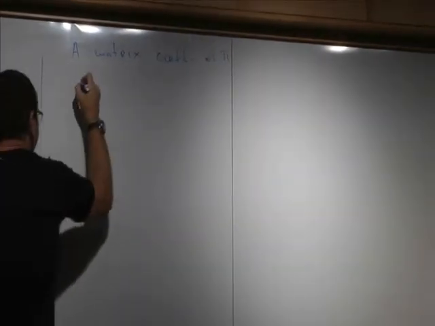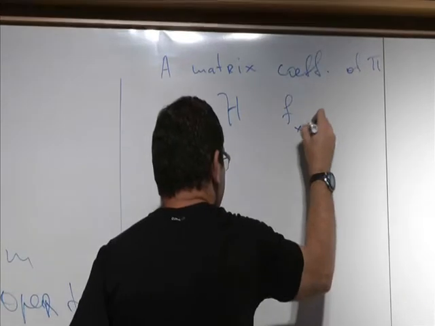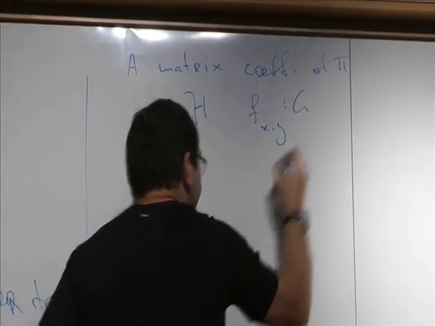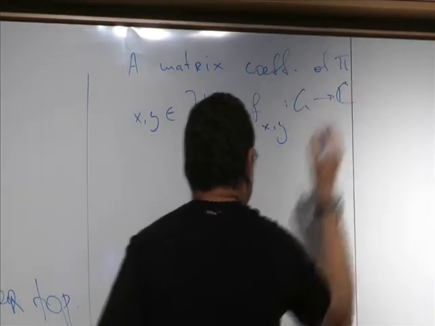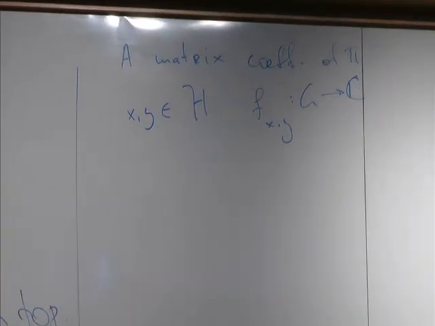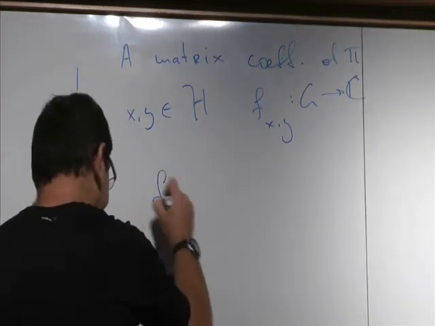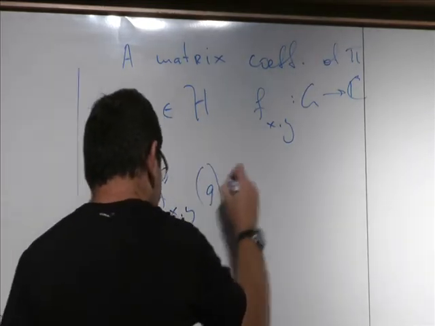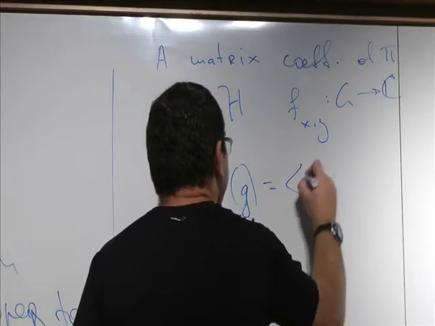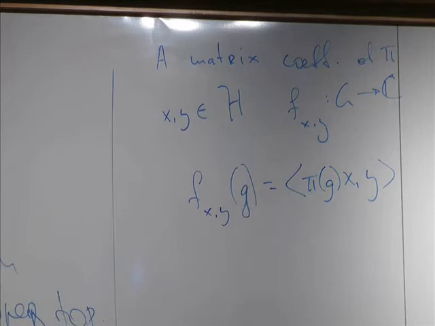Well, given two vectors x, y in H, you consider a function on G, given by, your Hilbert space should be a complex Hilbert space. So f_{x,y} of g is the inner product of phi(g)x, y. And why is it called matrix coefficient?